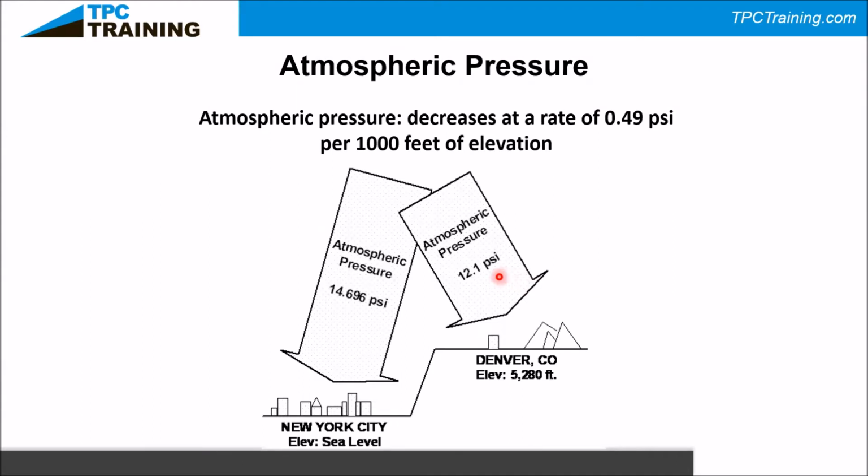Remember, as atmospheric pressure goes down, the boiling temperature goes down. If I can boil water in New York City at 212 degrees, I need less temperature to boil water in Denver, Colorado, approximately 205. I'm not going to say an exact number, but it's definitely less because of the higher elevation and the lower pressure we have.